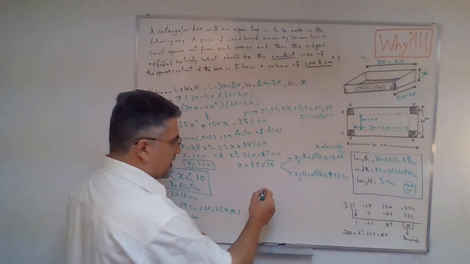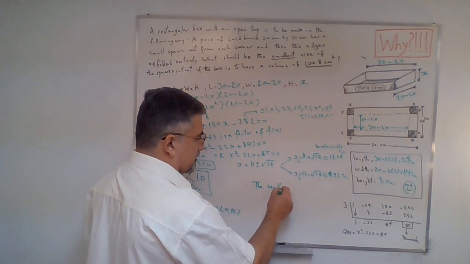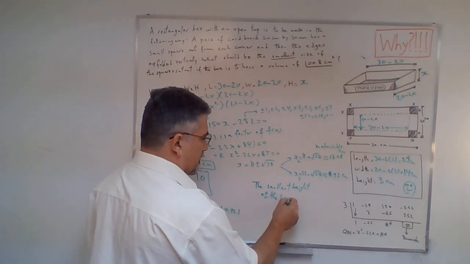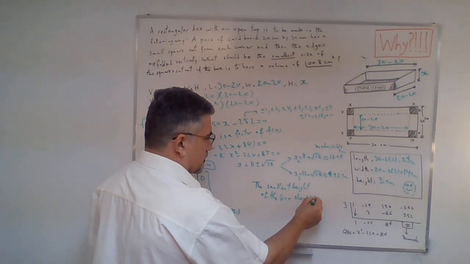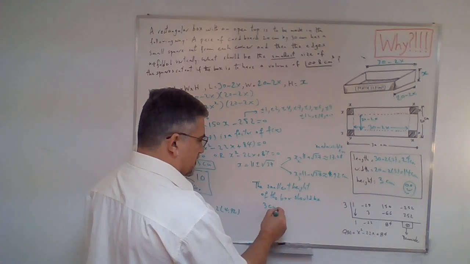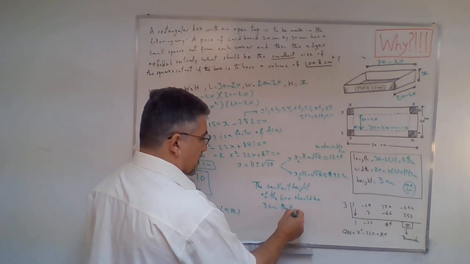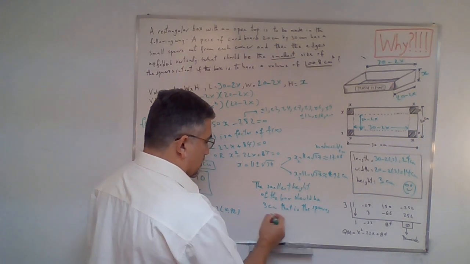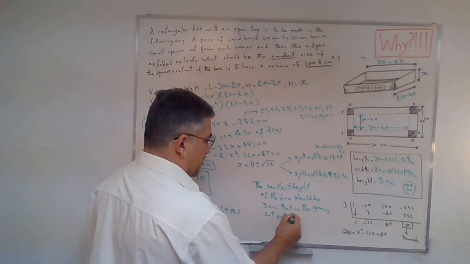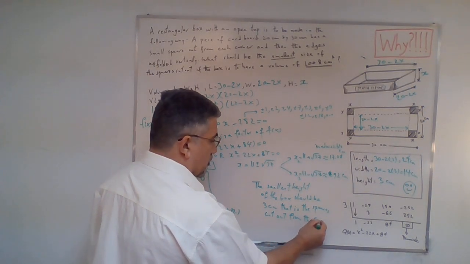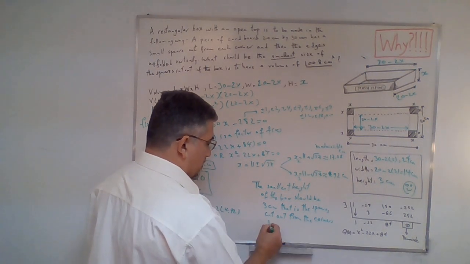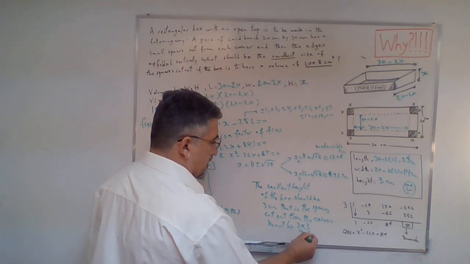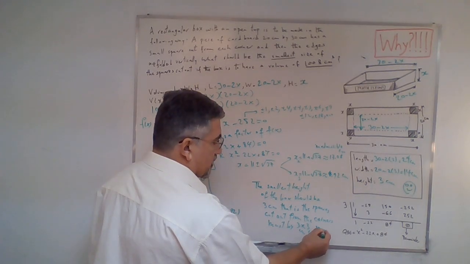Okay. So we're going to say the smallest height of the box should be 3 centimeters. That is, the squares cut out from the corners must be 3 centimeter by 3 centimeter squares.